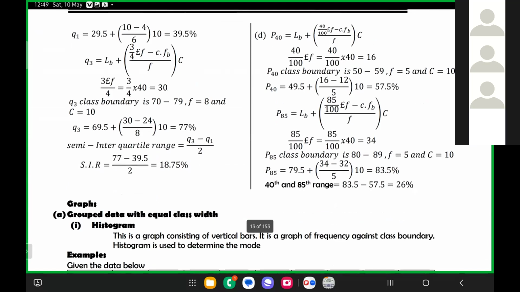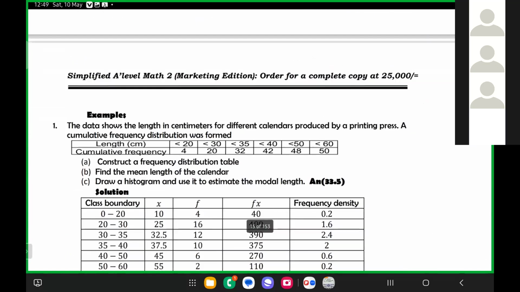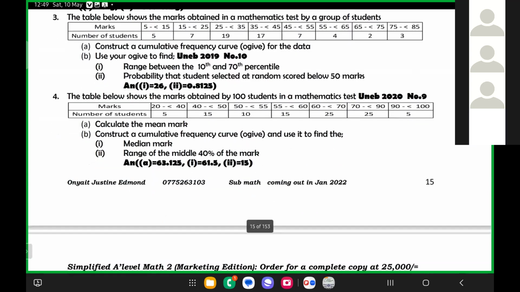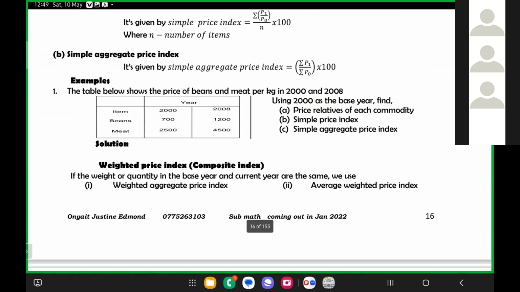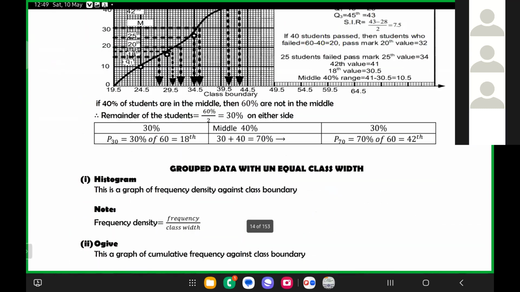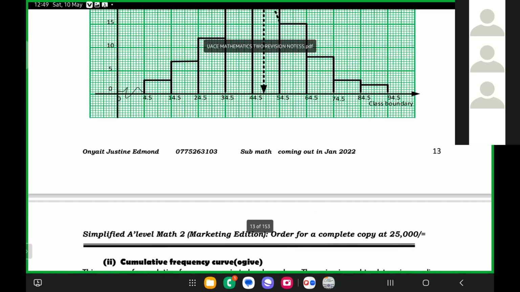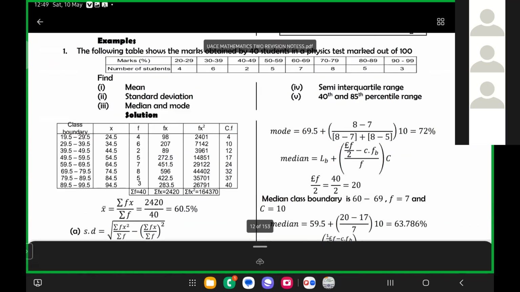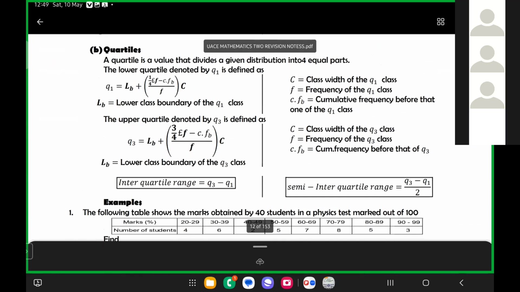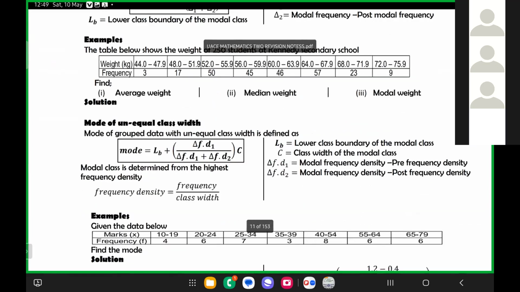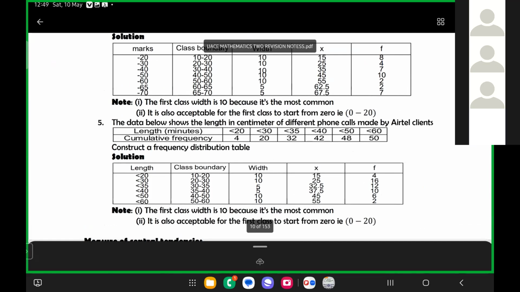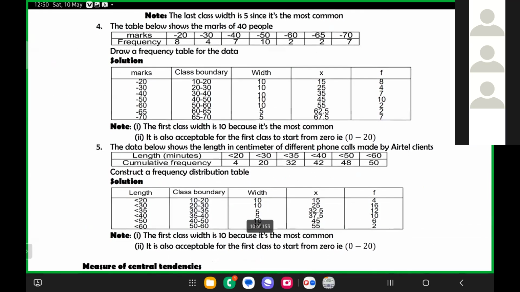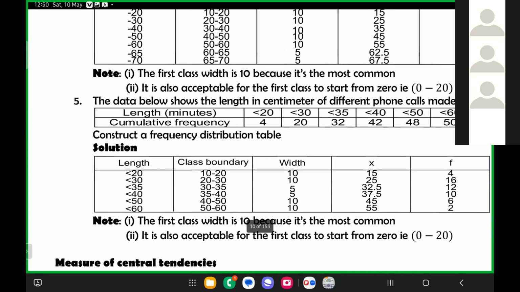You move from 10 to 20, 20 to 30, then 30 to 40. But in the other examples of 10 to 15, then you have 16 to maybe 19, then 20 to 21, there is no continuity. It is as if you've closed the classes. So to bring in the aspect of continuity, you bring in the n correction, which is 0.5 times 10 to the power negative n, where n represents the number of decimal places. You're doing that because you want to establish continuity. I think maybe that could be the reason.